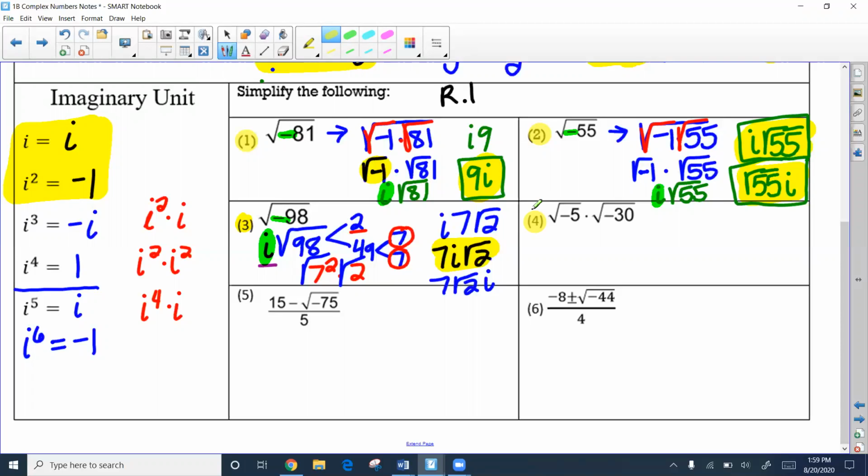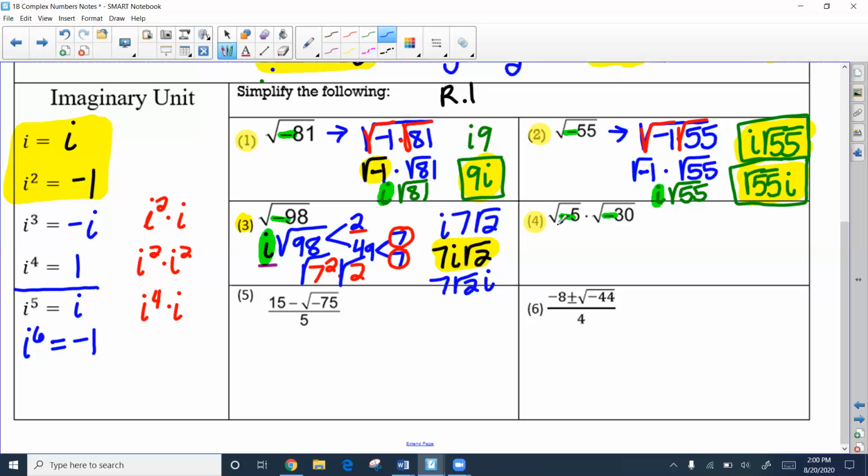So remember, with multiplying and dividing, you can only multiply things if they're either both inside the radical or both outside the radical. Now, before I multiply this, notice they're both negatives. So both negatives in the radical have to be rewritten. So I have to rewrite both of those, and then I'm going to multiply them together.